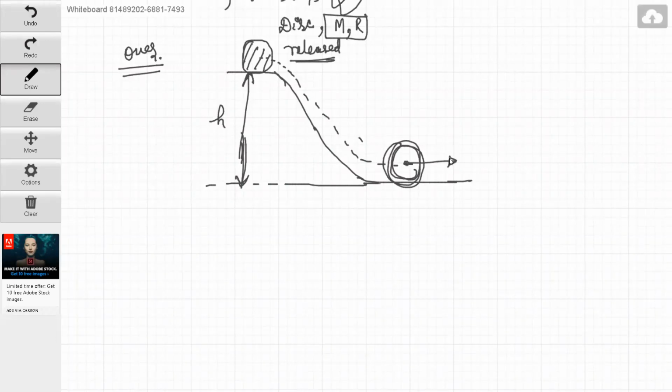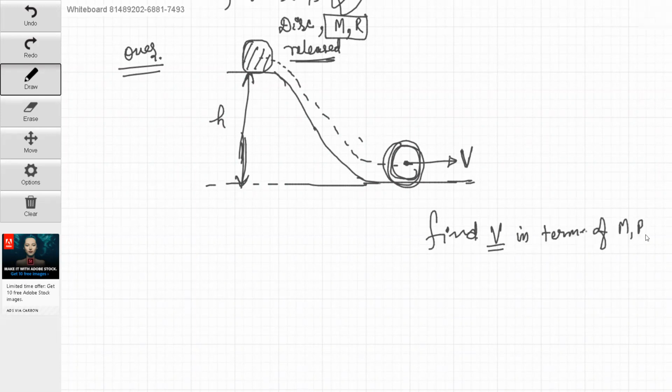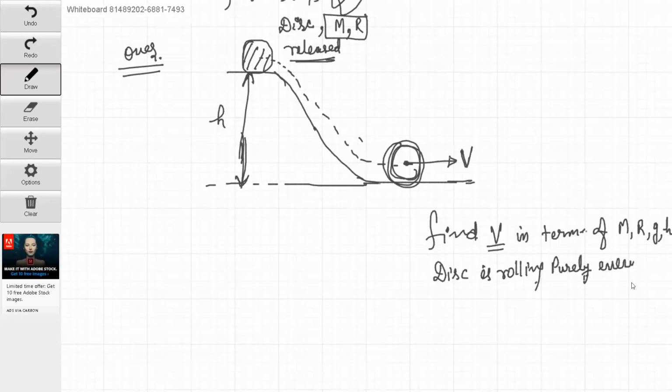Is this all right? So find the velocity v in terms of m, r, g, h. The disk is rolling purely everywhere. Everywhere the disk is having a pure rolling motion. Is this okay? Do it first.